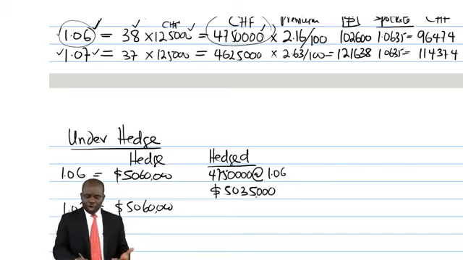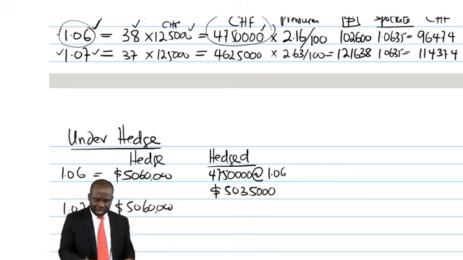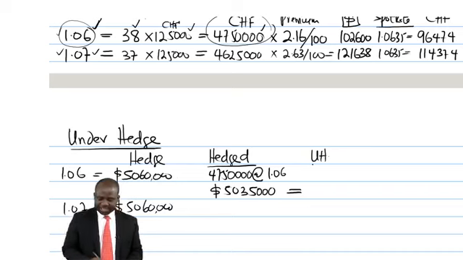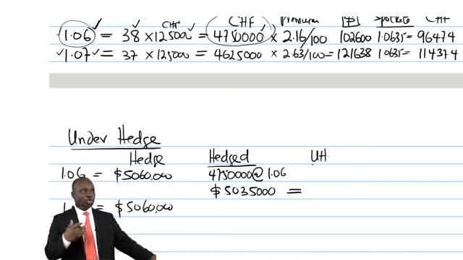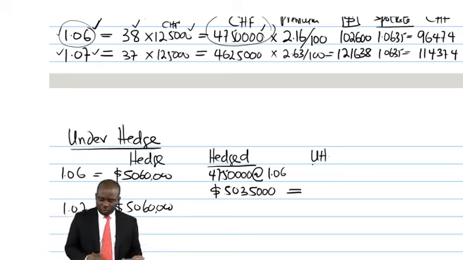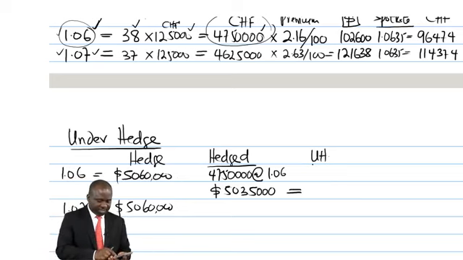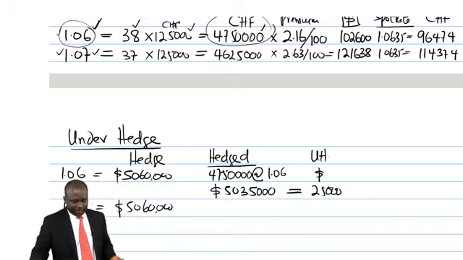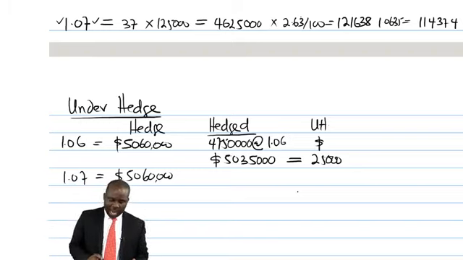So therefore, what I hedge under the option is simply not enough. I have to find the difference. That difference is what we say is the under hedge. Because you have to hedge 50.60, but you hedged 50.35. So 50.60123 minus 50.35123, and that is giving me 25,000 dollars.